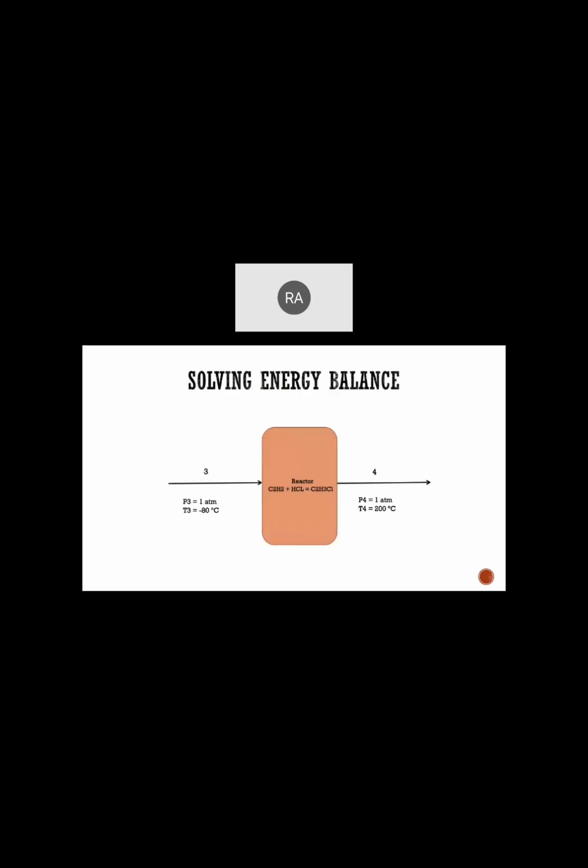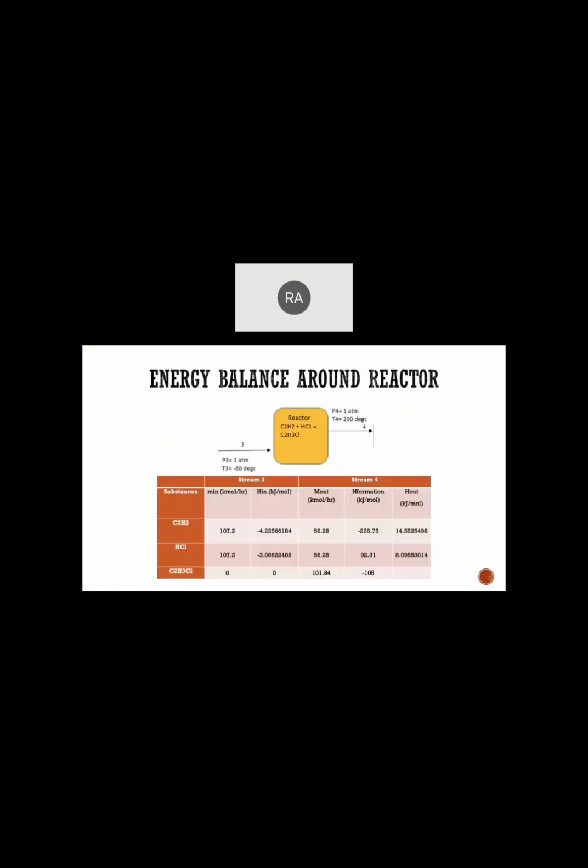Next, we go to solving the energy balance. Stream 3 is the inlet of the reactor, stream 4 is the outlet. The pressure is 1 atm at the inlet, and the temperature is minus 80 degrees C. At the outlet, the pressure is 1 atm and the temperature is 200 degrees C. For the molar flow rate in and molar flow rate out, we calculate using the ratio of targeted production rate over calculated production rate.